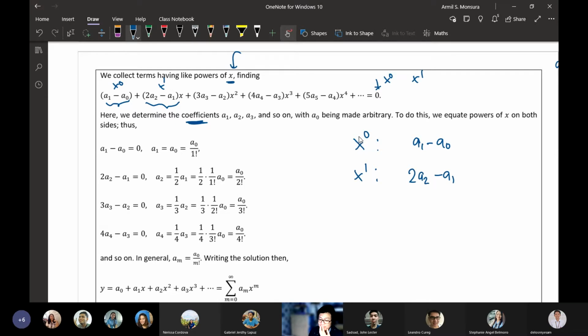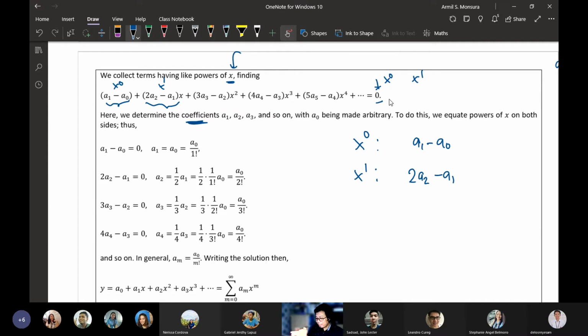Nakita nyo, 0 lang yan, di ba? So, ano yung coefficient niya doon? Zero din. Okay. Kasi nga, 0 yung right side eh.